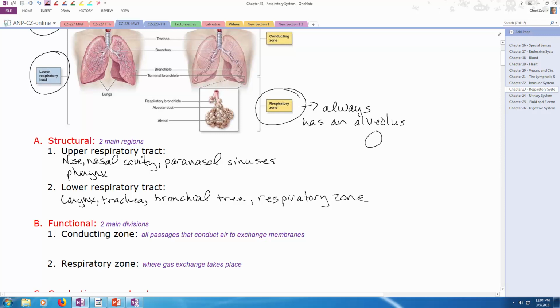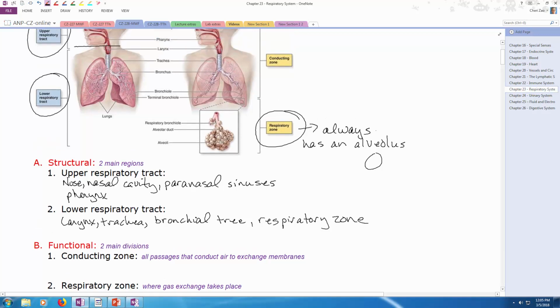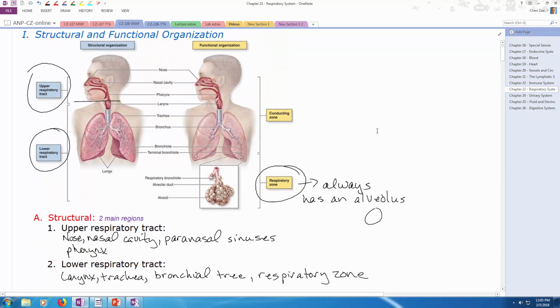It's an air sac. It's the absolute smallest structure of our airways. Going up and taking a look at the conducting zone, that's everything that moves air. That's important about the conducting zone. It's what's moving air. In the respiratory zone, what we're having here is gas exchange.